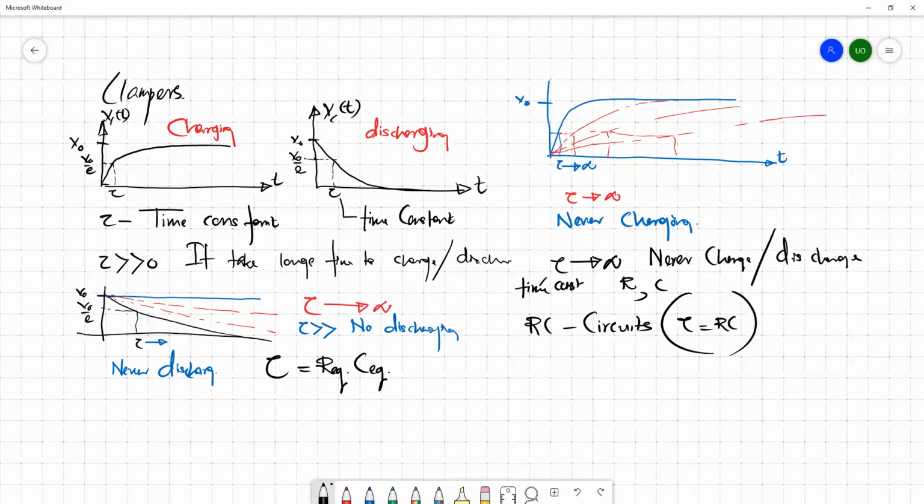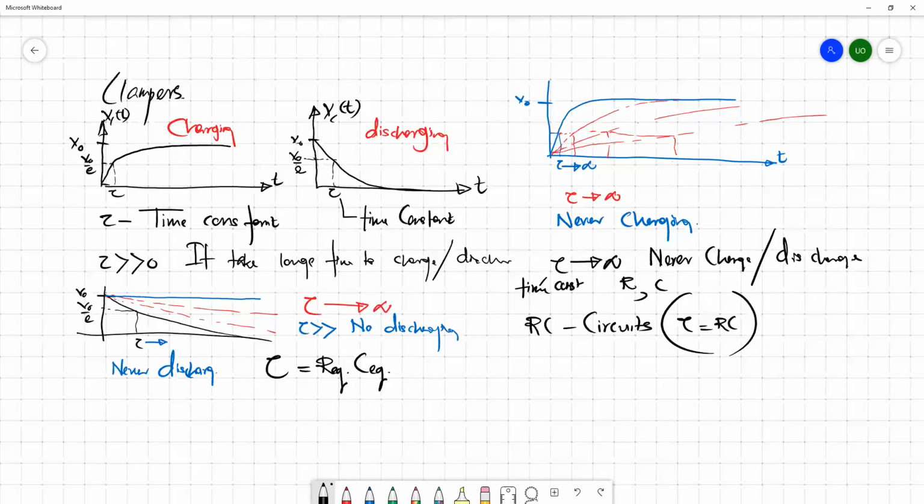So for RC circuits, we know that the time constant is the product of R and C. If this time constant goes to infinity, you can't see any charging or discharging process happen inside the circuit. That is the ideal situation.